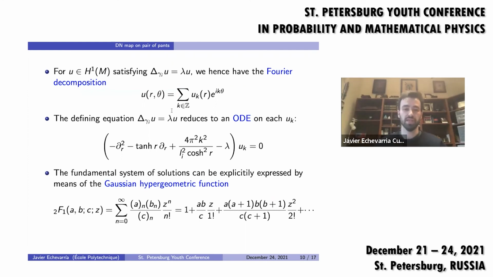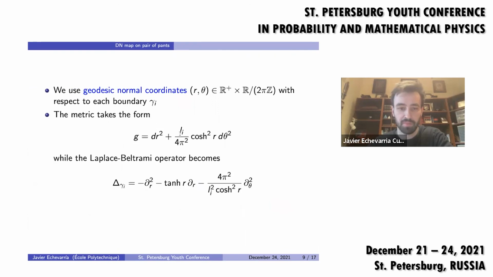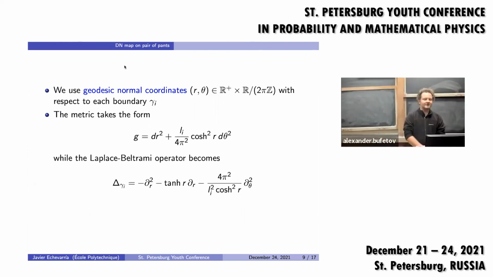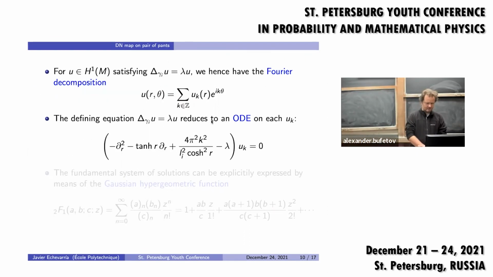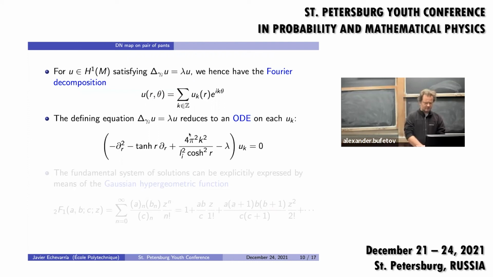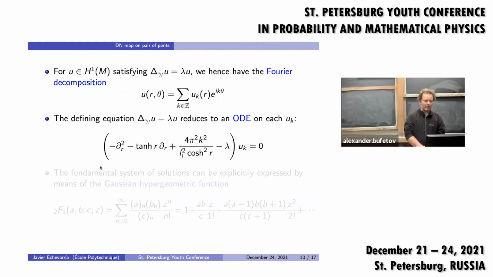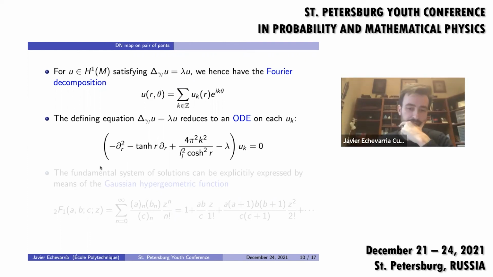Yes, of course. The idea is that because the Laplace-Beltrami operator takes this form, we can decompose things in these normal coordinates. This is just the radial function. It just so happens that you can put this equation in the form of a hypergeometric one.